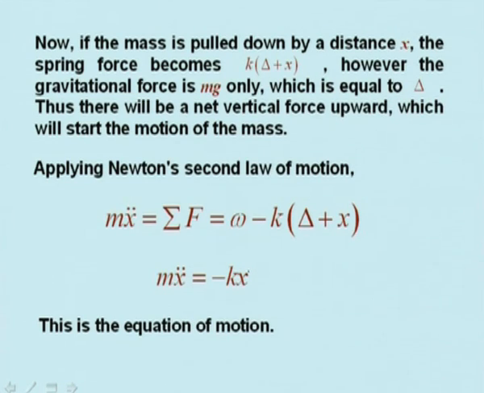So we observe here that x double dot is equal to minus k divided by m into x. K by m is a constant, it is a system property. K is the spring stiffness of the system and m is the mass of the system. So this is constant, therefore acceleration is minus constant times x.